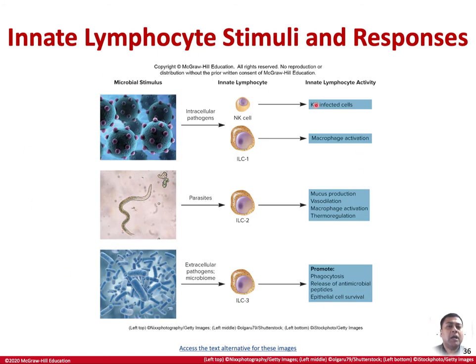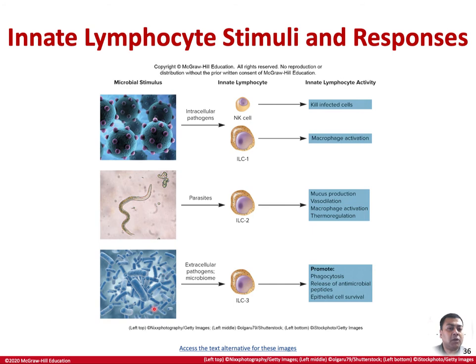So let's take a look in a nutshell at what is happening here. You have this intracellular pathogen. These are taken care of by the NK cells, or the natural killer cells. They kill the infected cell as a whole. On the other hand, the ILC1 activates the macrophages. If there's a parasitic infection, ILC2 increases mucus production, causes vasodilation, macrophage activation, and also causes thermoregulation.